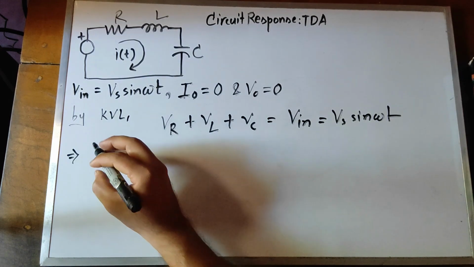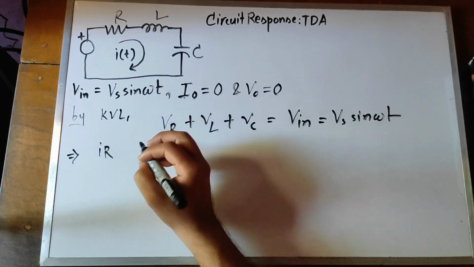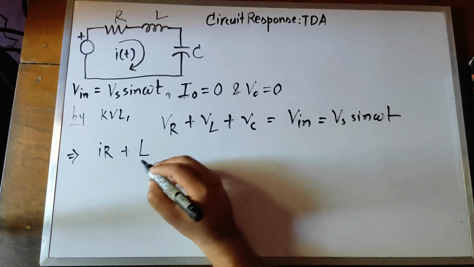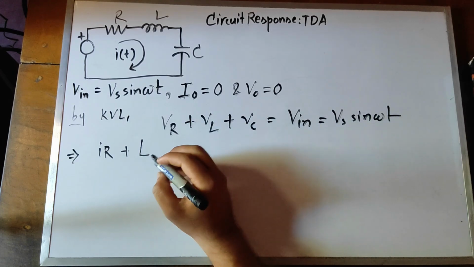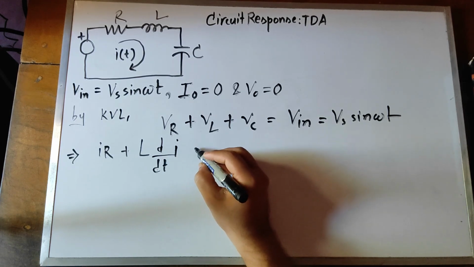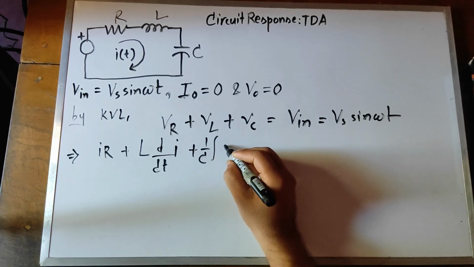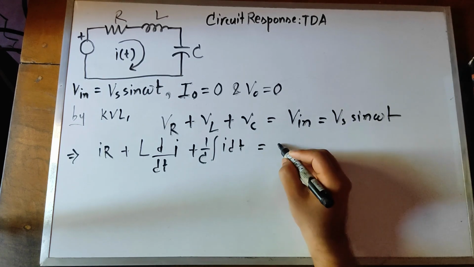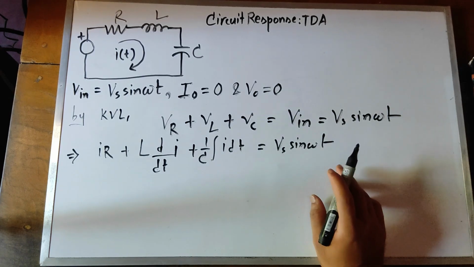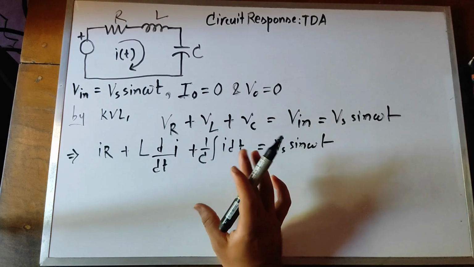So VR is I R, I being the loop current, plus VL, the voltage across the inductor, is L dI/dt, plus VC is the integration of 1 by C I dt, equals Vs sin omega t. So this is the differential equation with constant coefficients, R, L and C being the constants.